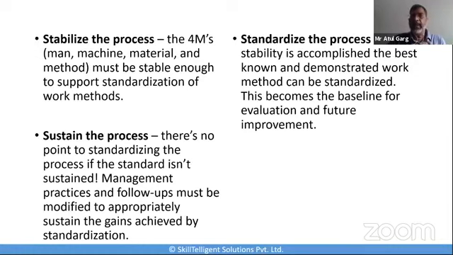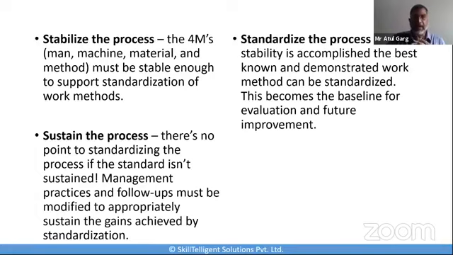And there is no point in standardizing the process if the standard is not sustained. So once you have got the stability, you have established the standardization, then we go on to sustenance mode over here. The management practices and follow-ups must be modified to appropriately sustain the gains achieved by the standardization.